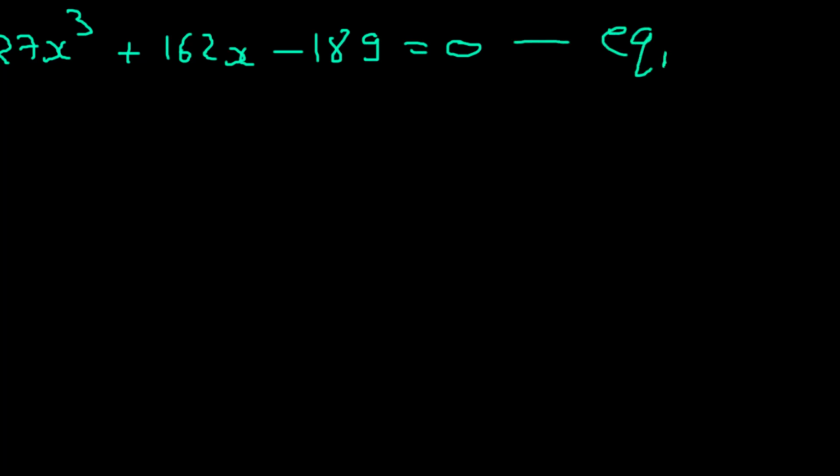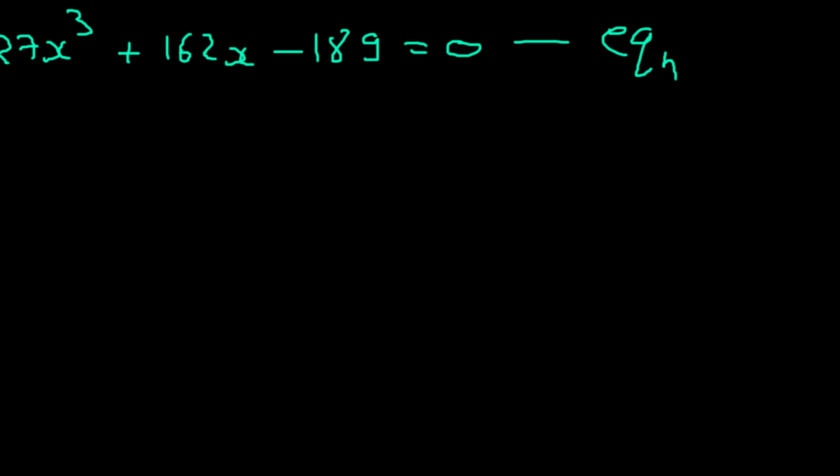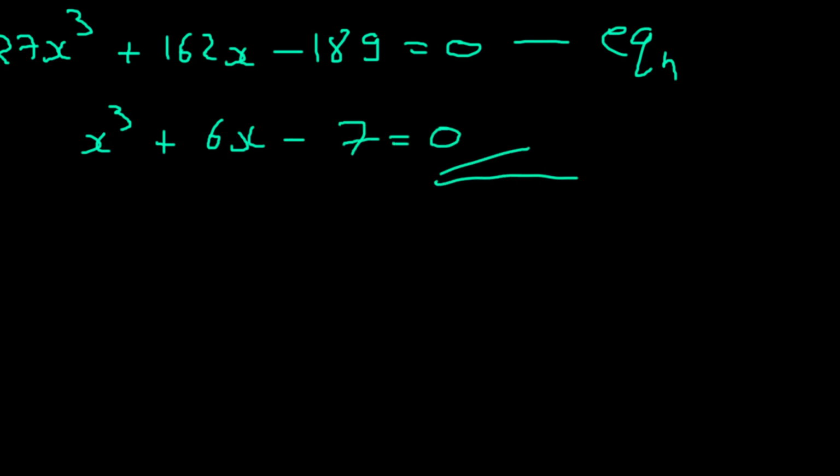We are going to solve this one only, since that's our motto. Let's first simplify this. We're going to divide the whole equation by 27. We get x to the power 3 plus 6x minus 7 equals 0. That's the simplified equation.